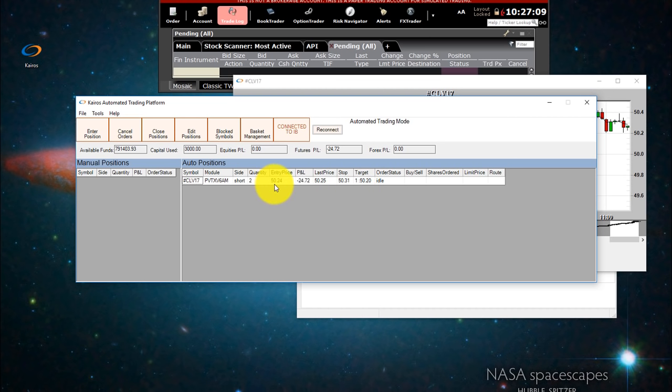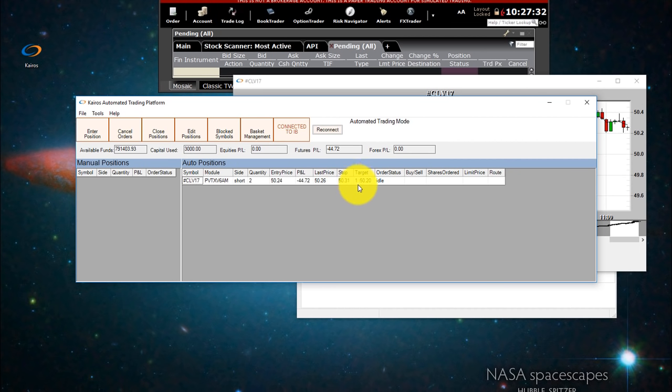So when we initially entered this, we had an 8-tick sliding stop, so that would be 50.32. Initially it was 50.32, but it's moved down since it was entered, so it slid down 1 tick, so the current stop is 50.31.